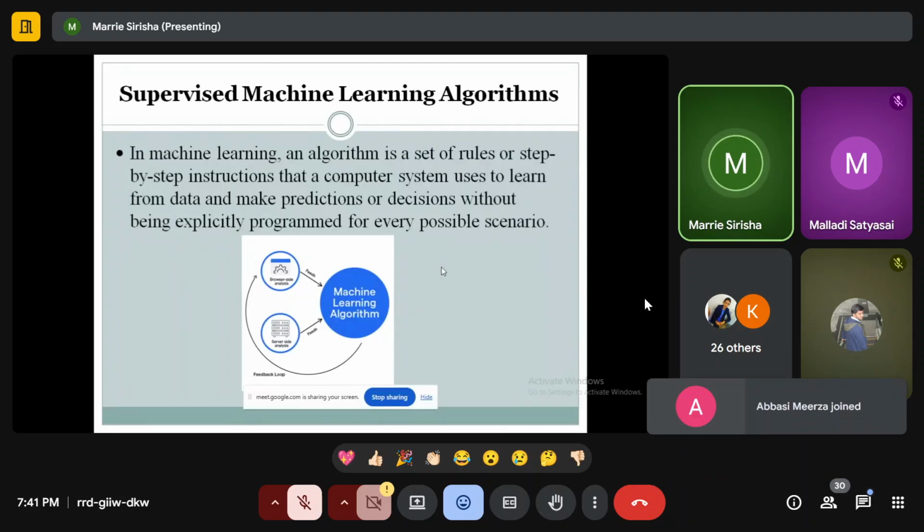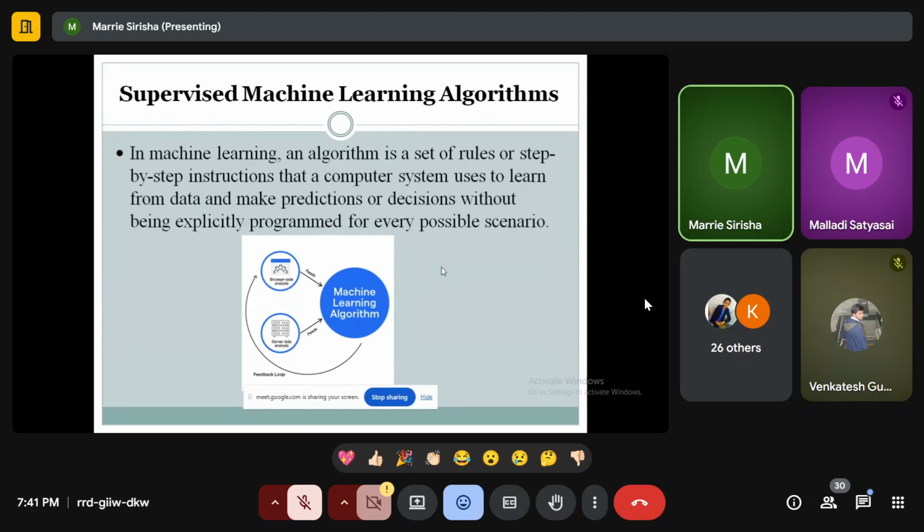There are multiple supervised learning algorithms, but before going to that we need to know what an algorithm is. An algorithm is a step by step process or a series of instructions, step by step instructions. That is an algorithm to make the computer learn.